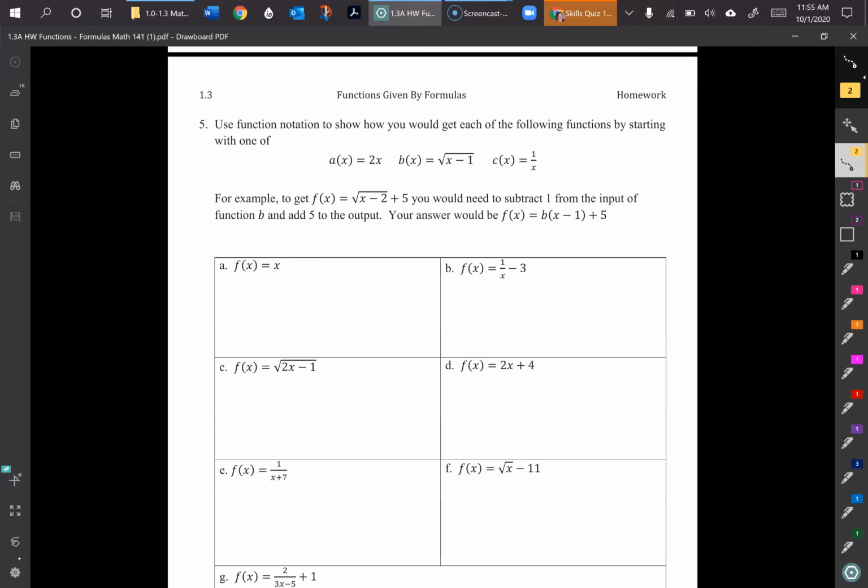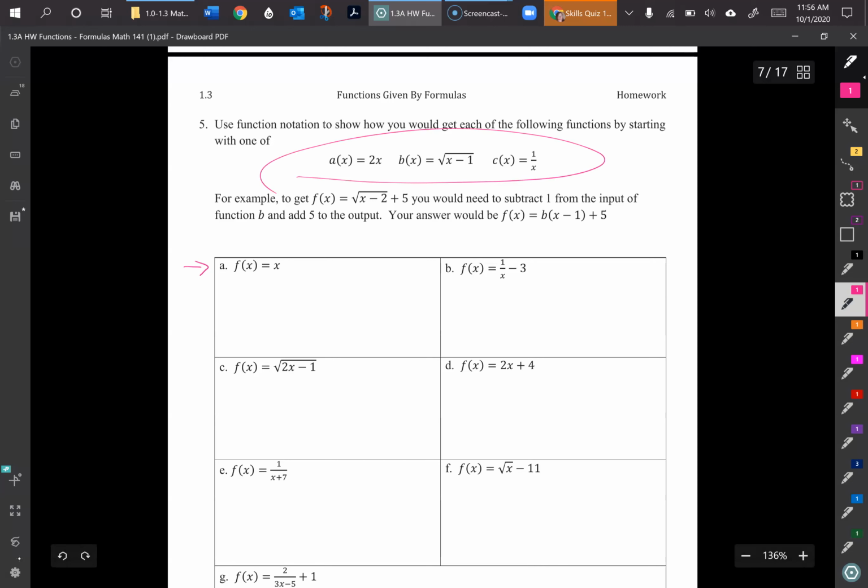So if we are looking at this first one here, f of x equals x, so I have just an x to look at. How would I get just a plain x out of one of these up here? I'm going to focus on a of x because that has just a single x involved.